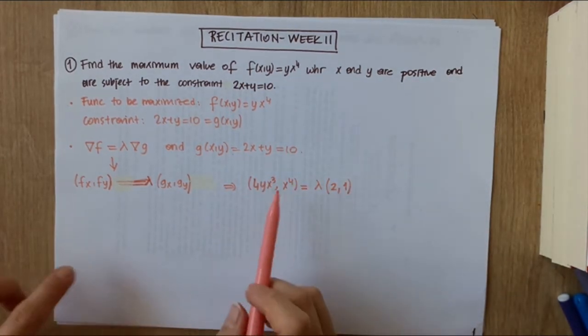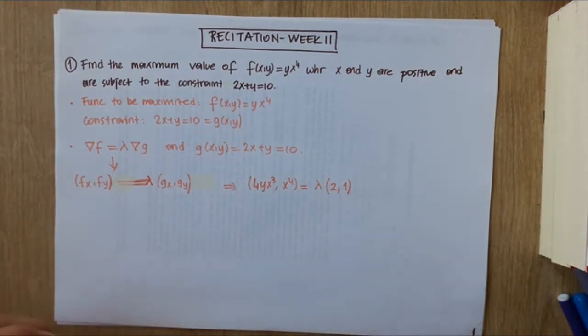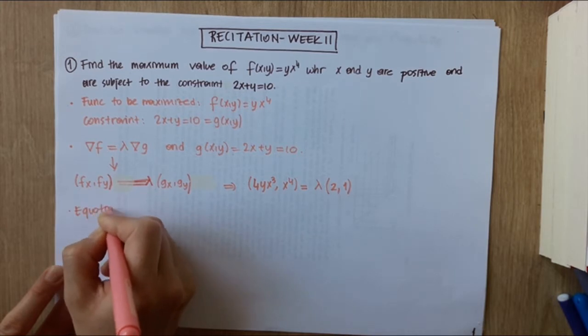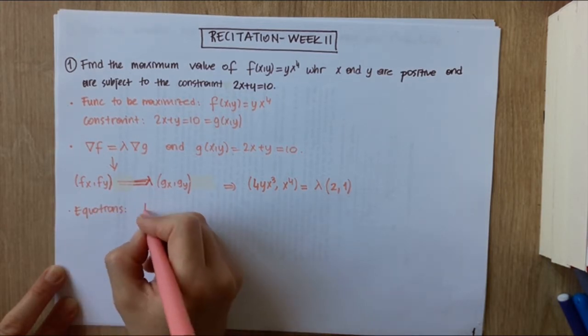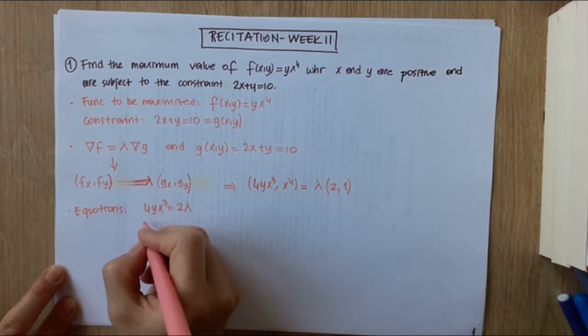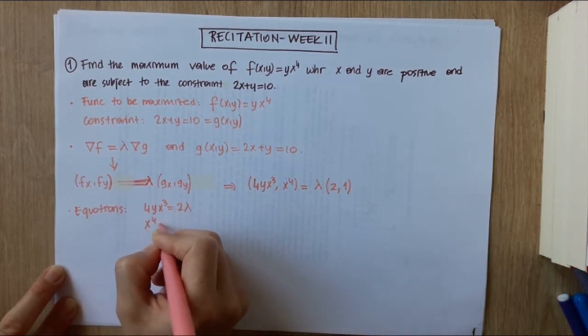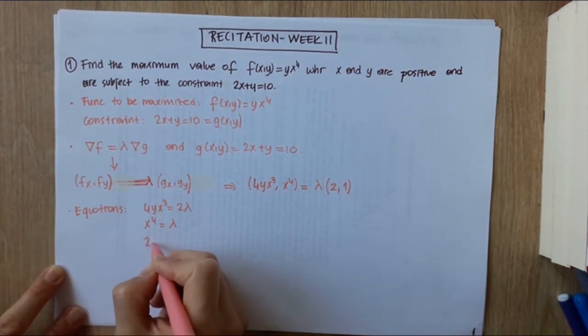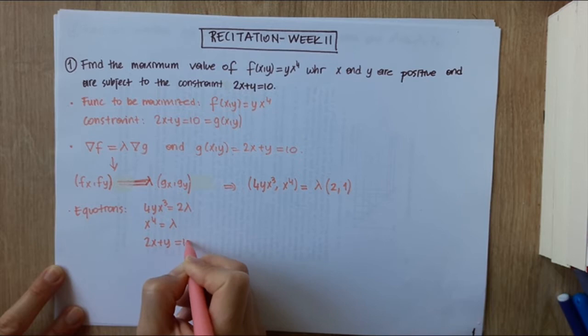So we have two equations from there and one equation from here. The equations are 4yx cubed equals 2 lambda and x to the 4 equals lambda, and also I have 2x plus y equals 10.